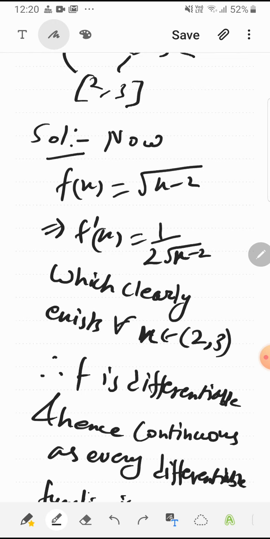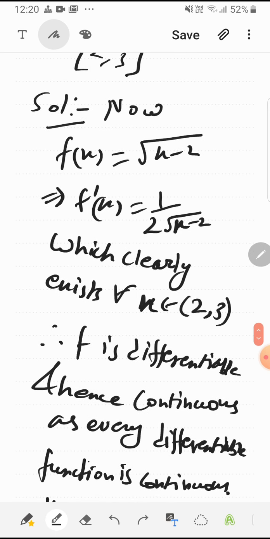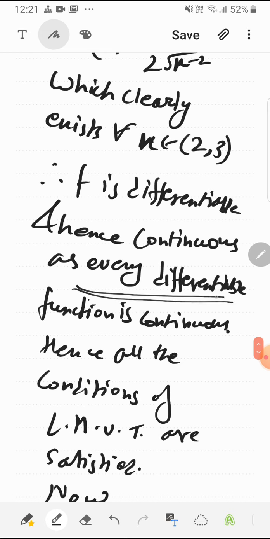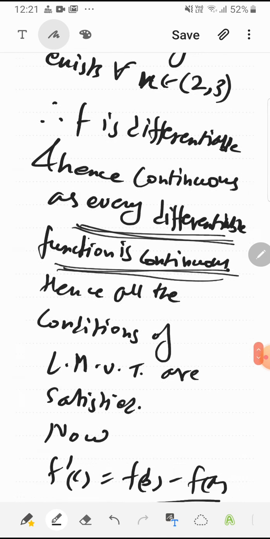We have discussed this in Rolle's theorem also: if we have checked the differentiability first, then we can declare the continuity also on the basis of this result, as every differentiable function is continuous. Remember this line we discussed in Rolle's theorem also. So all the conditions of LMVT are satisfied.